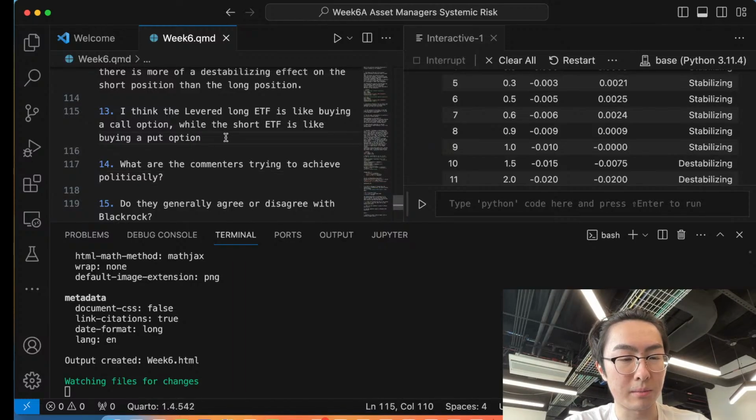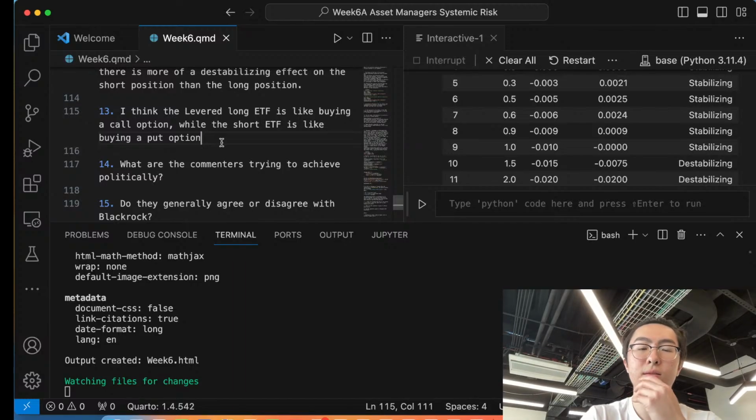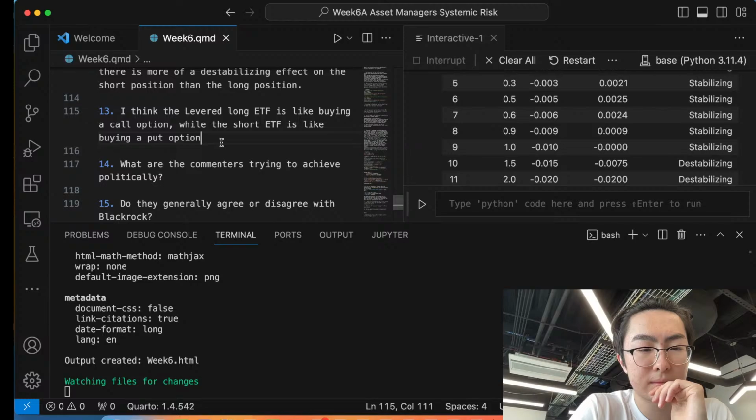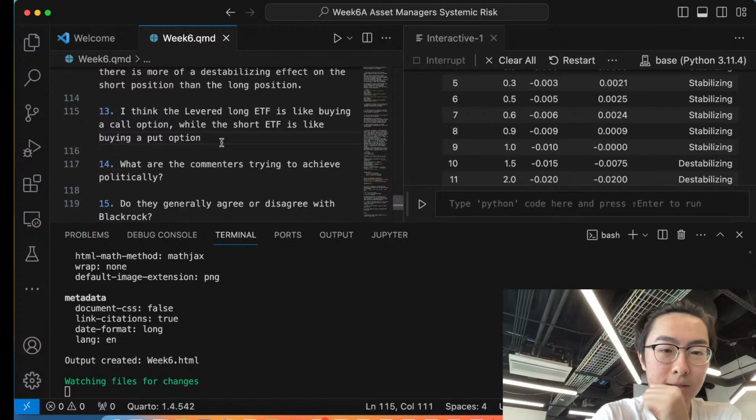The short ETF is like buying a put option because you're shorting a basket of stocks, where you're buying the right to sell a stock at a certain price. Okay.